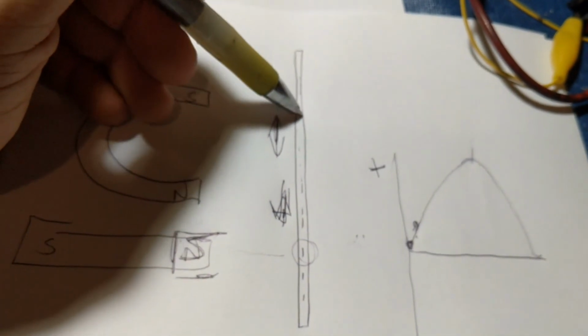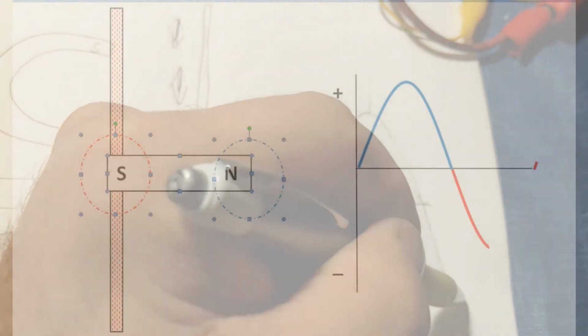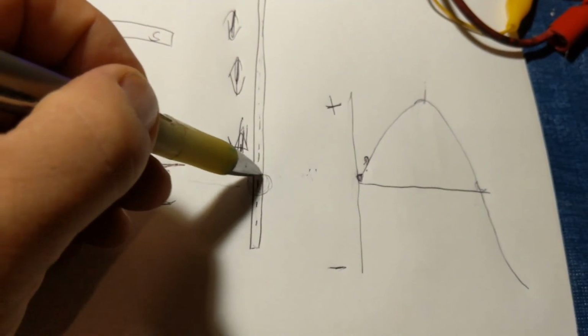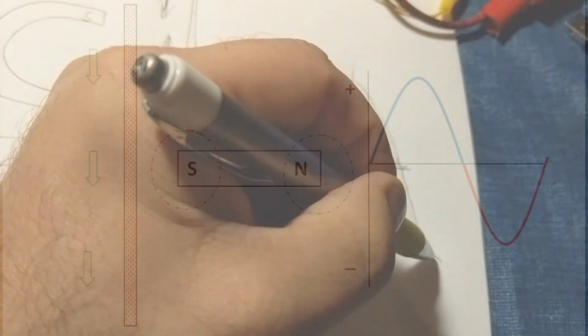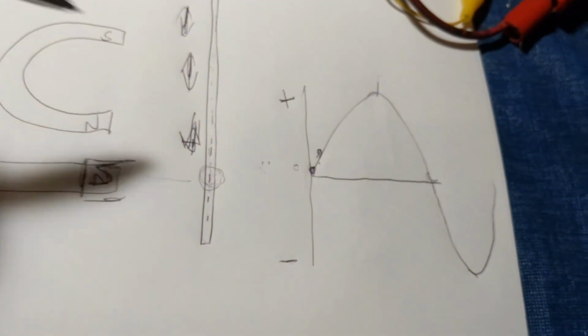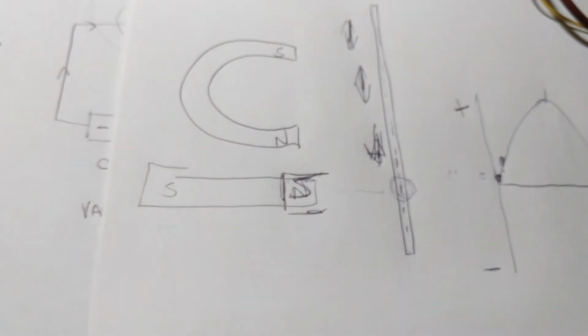So now they're going to start coming back down this way, and you're going to get this until the south pole of the magnet is at the very center of this wire, and then it's going to come back up after we fully move the magnet across. Okay, so that's how we get our 1 cycle per second.